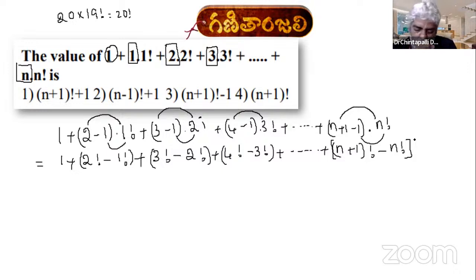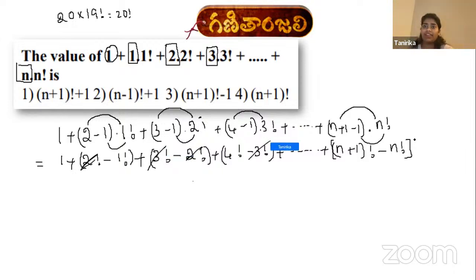Can we cancel, sir? Yes, you cancel. 3 factorial, negative 3 factorial, that's it. Continue. Cancellation. So it will be 1 minus 1 factorial.